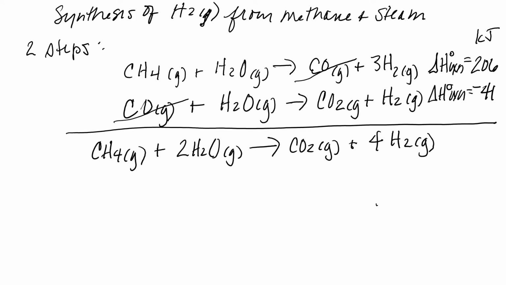I also need to sum my standard heats of reaction. So for the overall reaction, the standard heat of reaction is a positive 165 kilojoules. So that was an application of Hess's law.